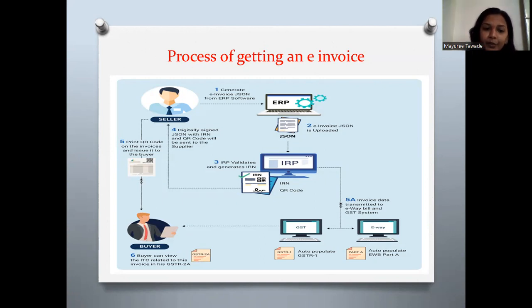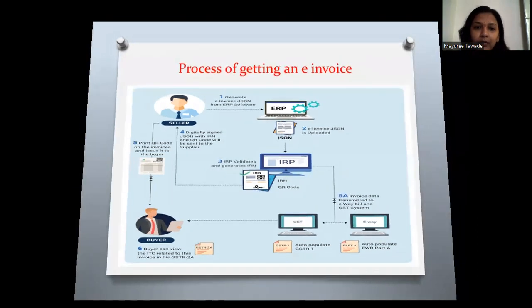So the buyer can view the ITC related to this invoice in his GSTR2A. In that case, invoice data transmits to the e-way bill and the GST system. Auto-populated GSTR1 and auto-populated EWB Part A are created automatically in the system. So these are the steps via which you have to generate an e-invoice on the portal.